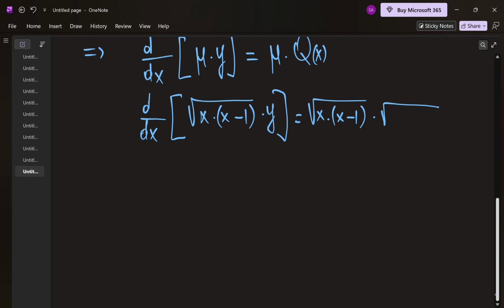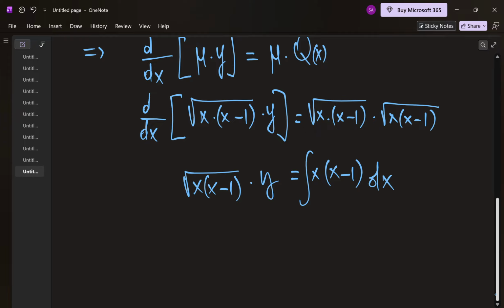So indeed this is equal to x times (x minus 1). So when you take the integral on both sides, you will get the square root of x times (x minus 1) times y is equal to the integral of this.